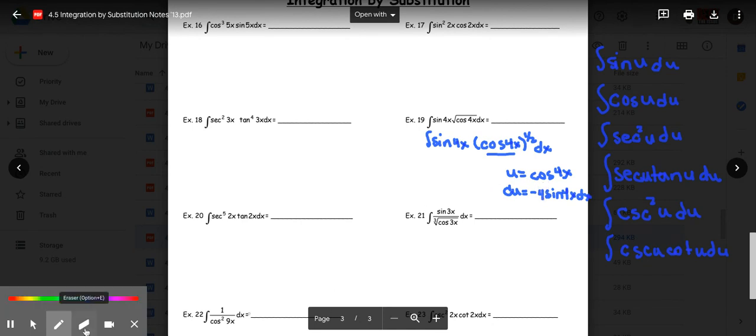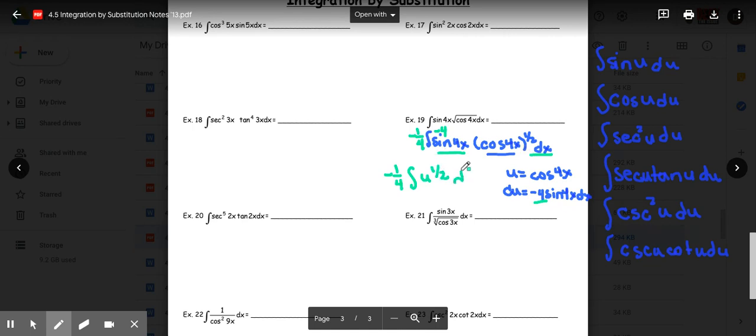So in green, I'm going to highlight that we basically already have our du in there except for this -4. So it's no big deal. I'm going to put in a -4 as long as I compensate and multiply by -1/4 on the outside. And when I do that, I'm going to get the integral of this parenthesis here. This is my u. It's going to be u to the 1/2. And the rest of it underlined in green is my du.